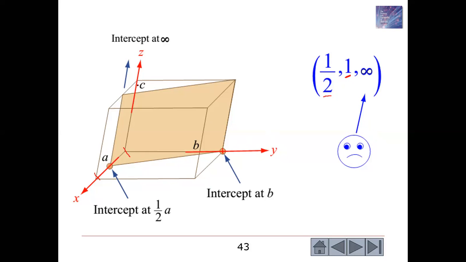It's parallel to the z-axis, which means that the intercept is at infinity. You must have read in school that the intersection of two parallel lines happens at infinity. Because the z-axis and this plane are parallel, the intercept is at infinity.